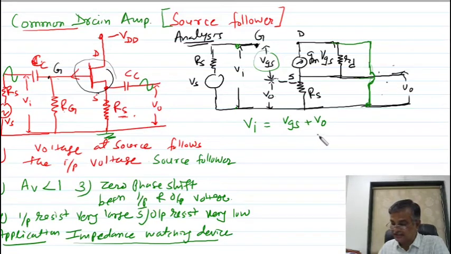So clearly this indicates the output voltage is always less than the input voltage: VO is equal to Vi minus VGS. Similarly, you can say voltage gain is less than 1. What is voltage gain? Output voltage upon input voltage. If the output voltage is less than the input voltage, the voltage gain is always less than 1.